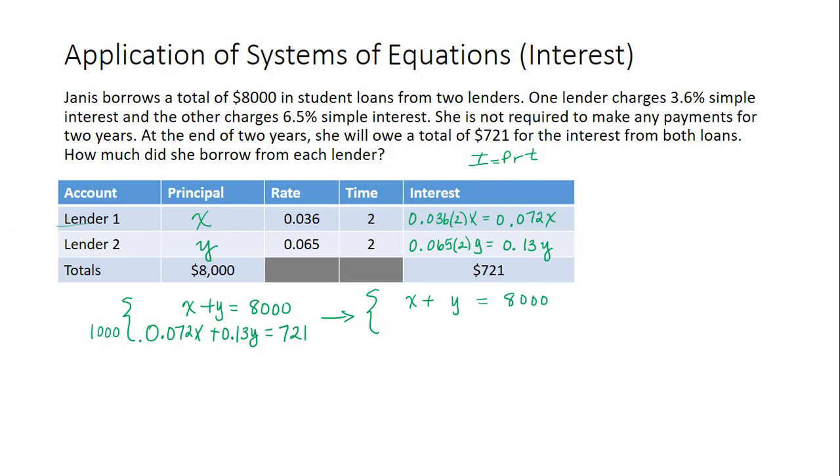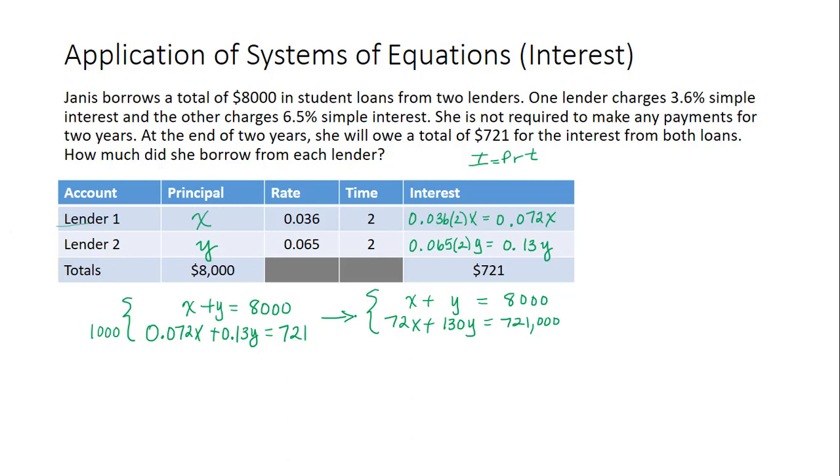And then in the second equation, 1,000 times 0.072x is 72x, plus 1,000 times 0.13 is 130y, and then 1,000 times 721 is 721,000. Now you don't have to get rid of the decimals, but I think it makes the equation a little bit easier to work with.